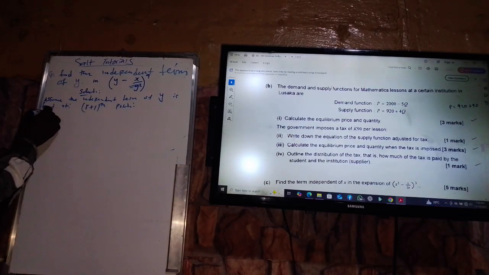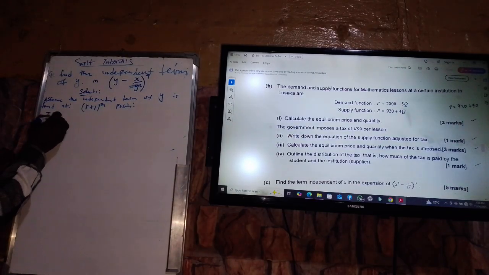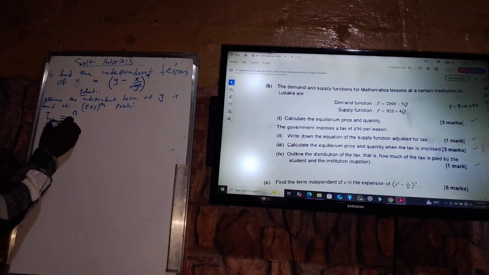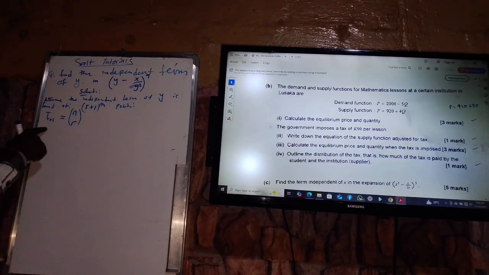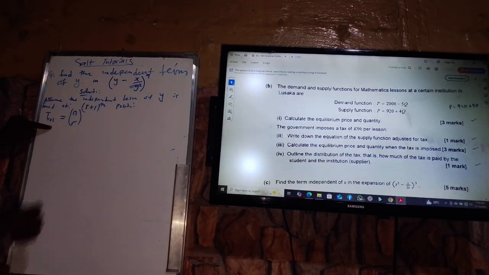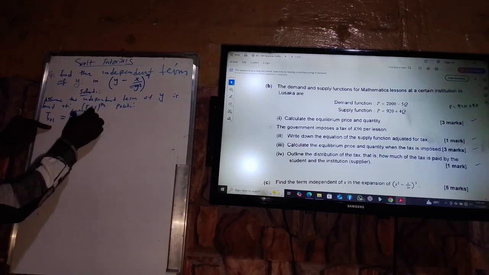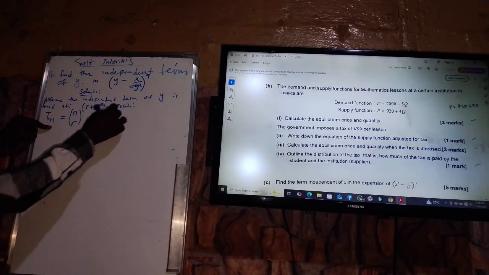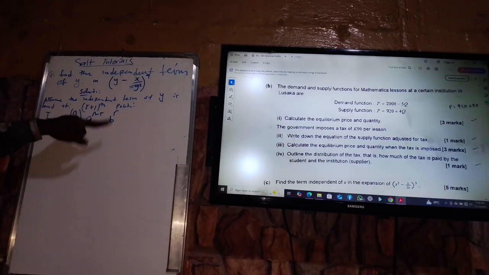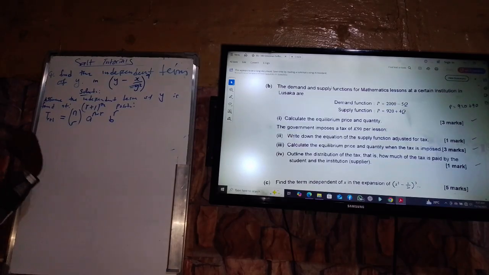Automatically we know that T r plus 1 this time around is going to be equal to 9 combination r. We've already simplified this in the previous one, where we said T r plus 1 should be equal to n combination r, a to the power n minus r, b to the power r.